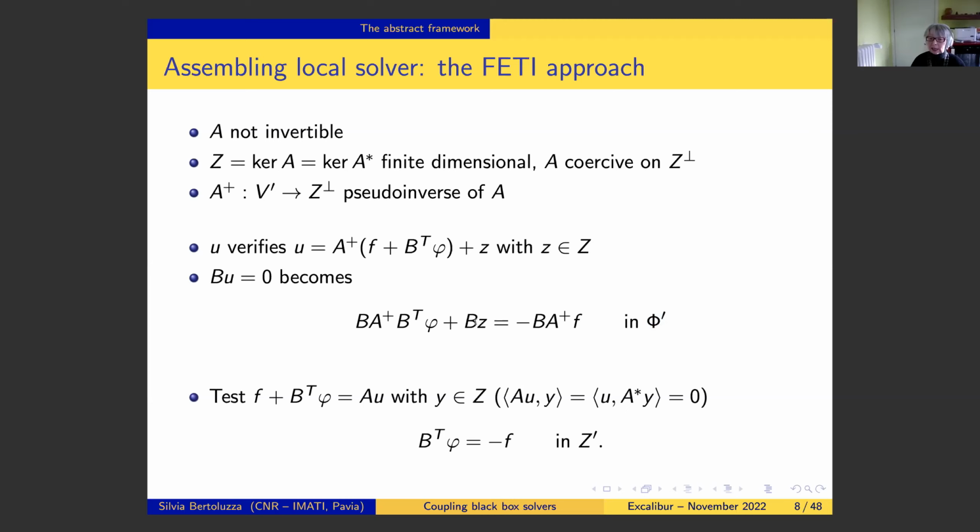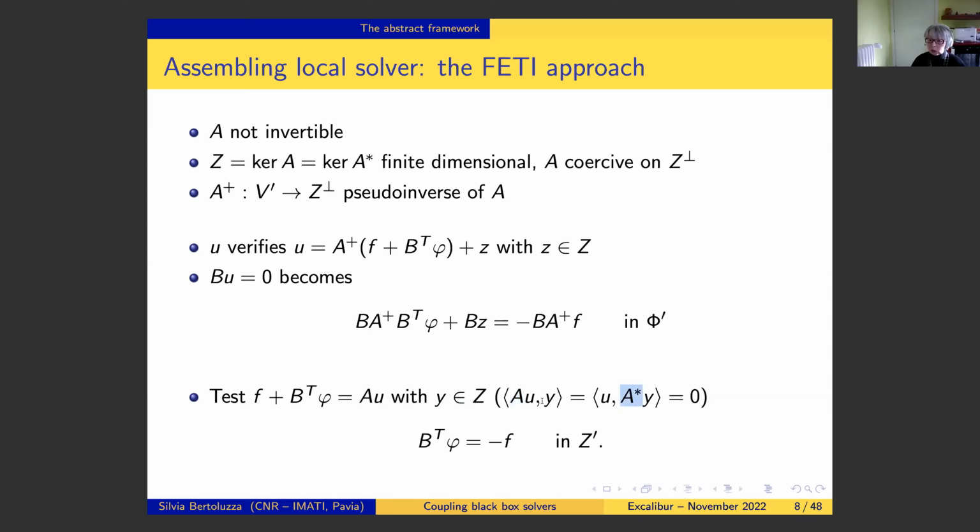I then need an equation to get control of this element of the kernel. In order to get such an equation, I test the first equation, which was AU minus B transpose phi equals F, with an element of the kernel, and I use that the kernel of the operator is equal to the kernel of its adjoint.